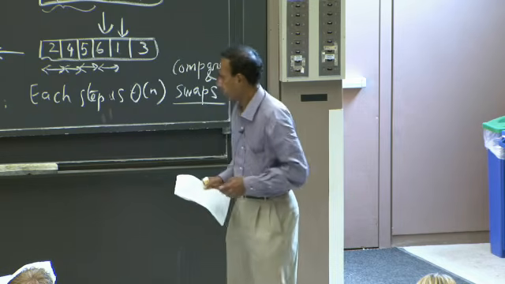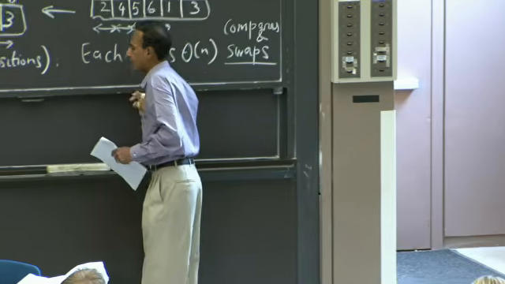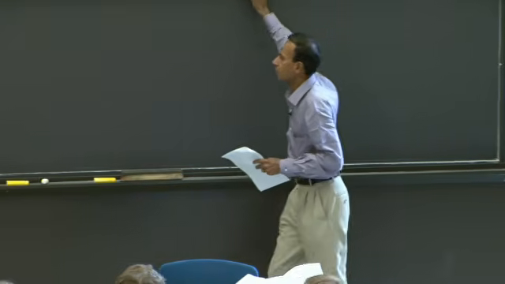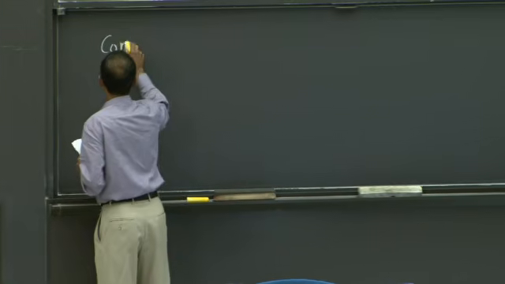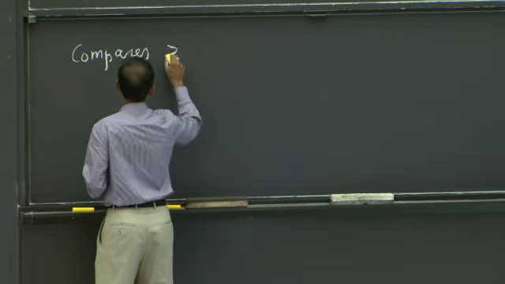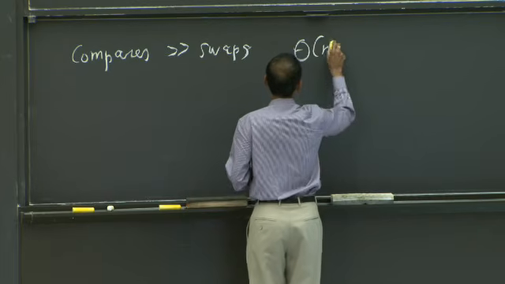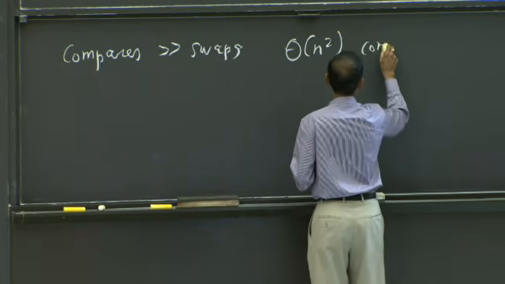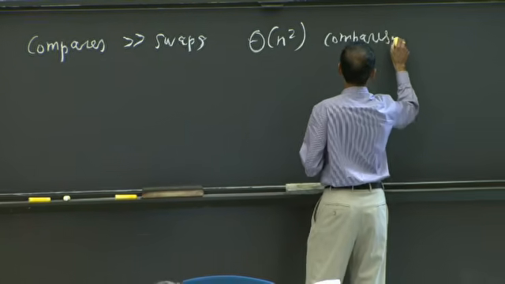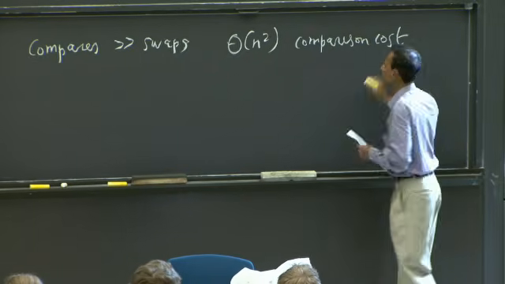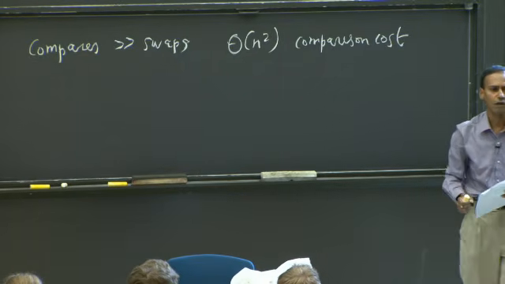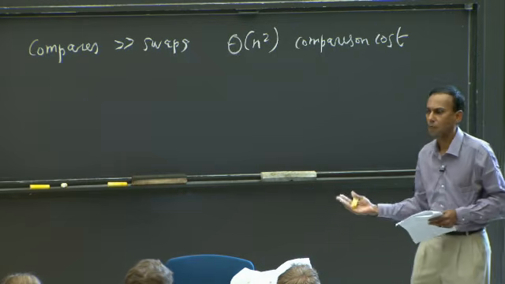Now, here's the question. Let's say that compares are more expensive than swaps. And so I'm concerned about the theta n squared comparison cost. I'm not as concerned, because of the constant factors involved, with the theta n squared swap cost.